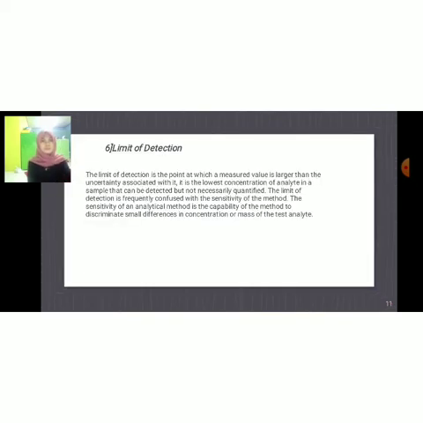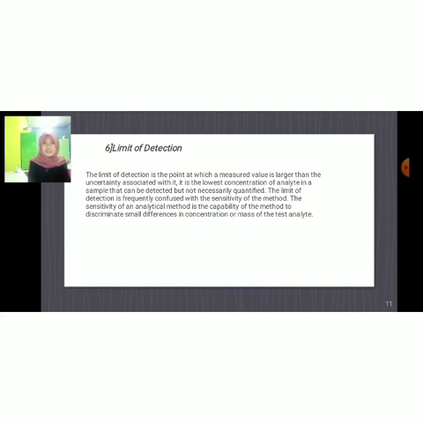And the next, limit of detection. The limit of detection is the point at which a measurement value is larger than the uncertainty associated with it. It is the lowest concentration of analyte in a sample that can be detected but not necessarily quantified.